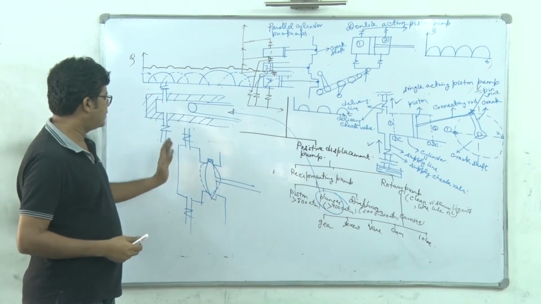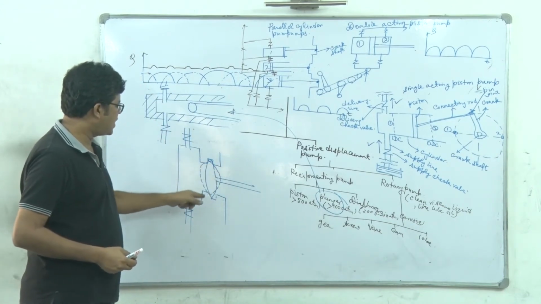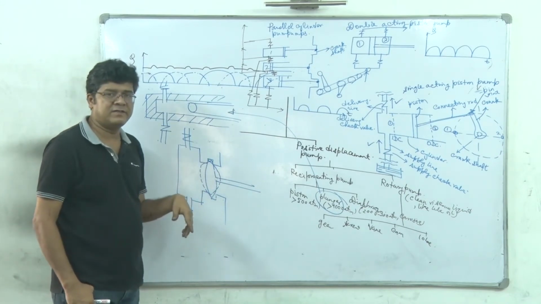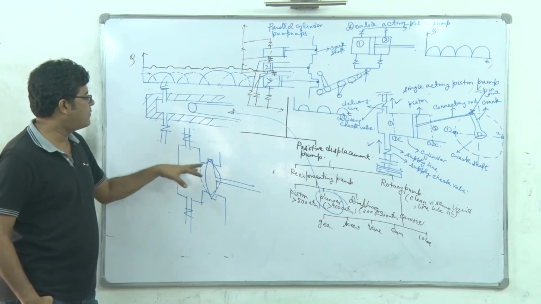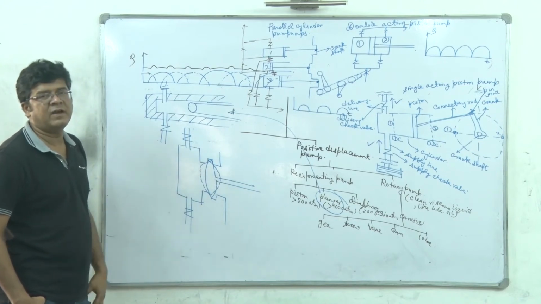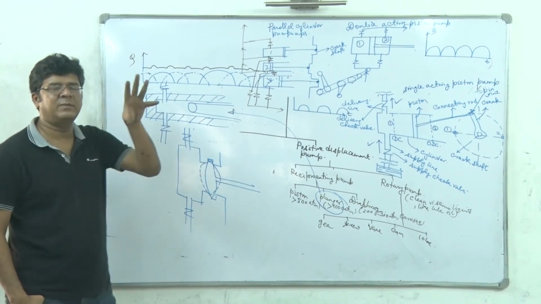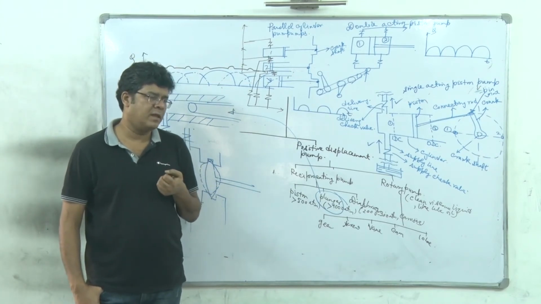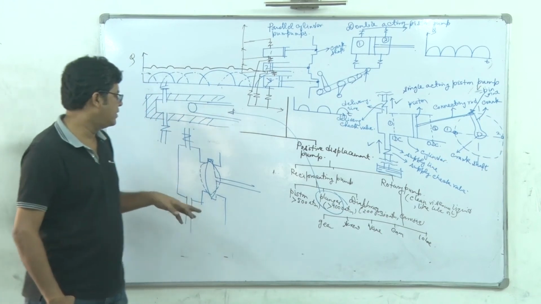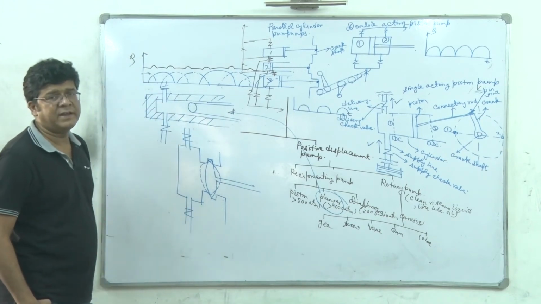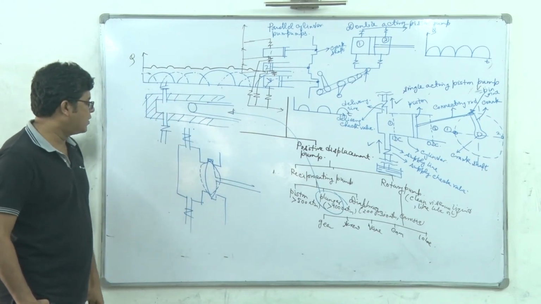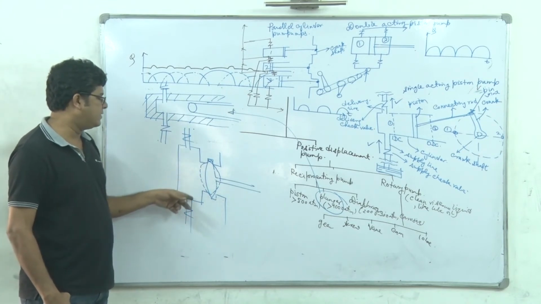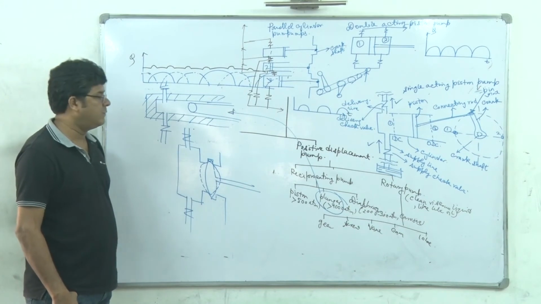So there will be an extreme concave shape, and in the next instant there will be an extreme convex shape. And why are we using this? This diaphragm is made of metallic or plastic material. If it is metal, definitely it is to be lined with anti-corrosive lining. Or if it is a polymeric material, there will be no chances of corrosion. So with this diaphragm pump, we can pump corrosive liquid.